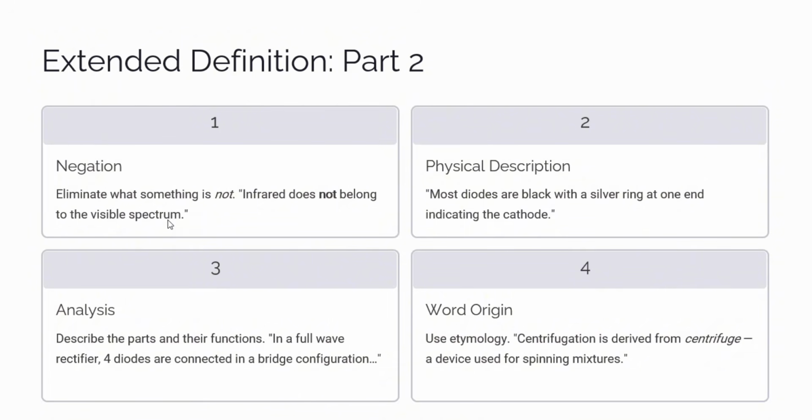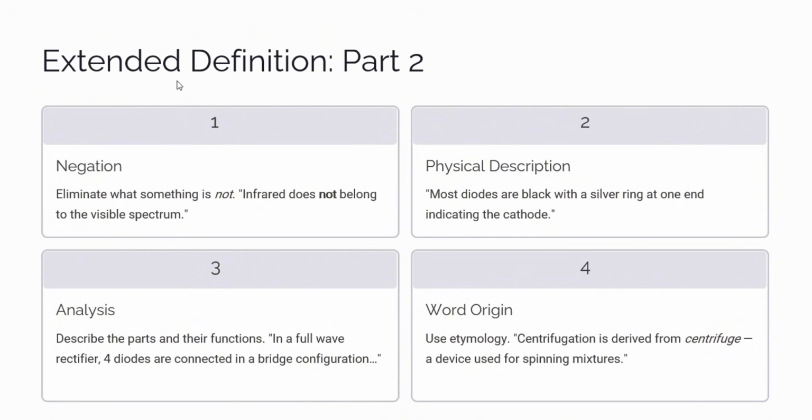With this negation, you have been able to explain that infrared is not part of the visible spectrum. So anybody that is listening to you will understand that. What is the negation here? Not. This "not" is the negation here.